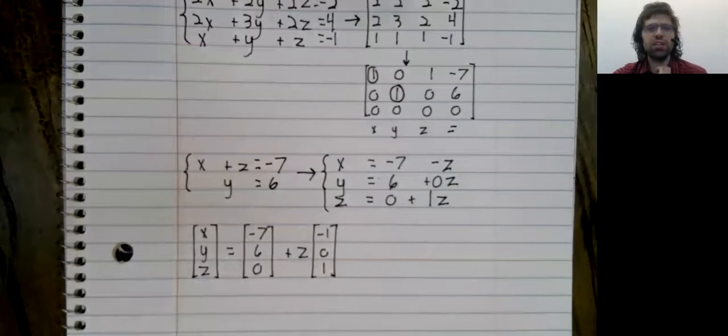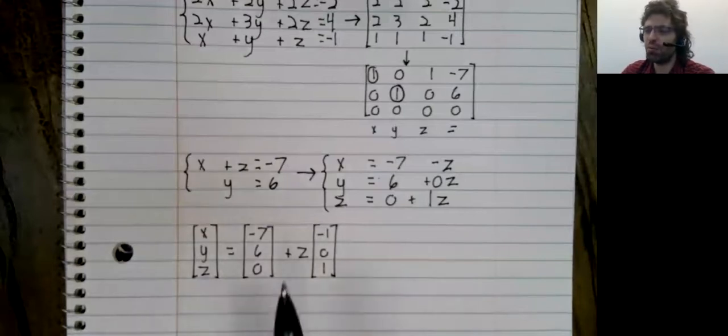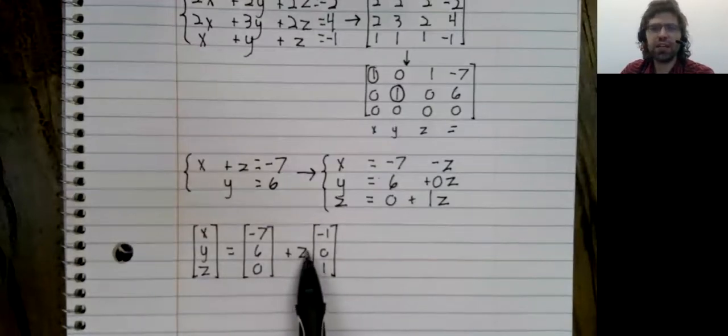You see a difference between this and the homogeneous case. In the homogeneous case, all the vectors that appear are being multiplied by a free variable, like this.